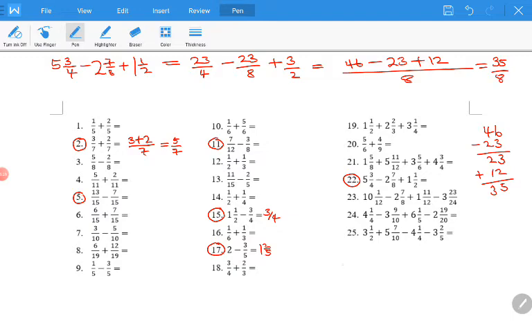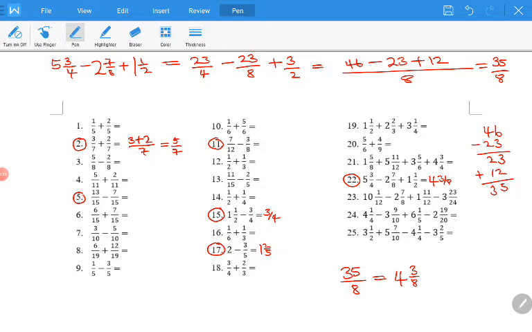And 35 over 8 is equals to 4 and 3 over 8. So that's the working, and the answer here is 4 and 3 over 8.